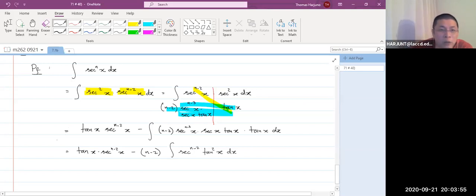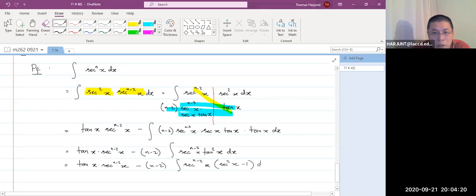But then I will break that later part as this is secant to the n minus 2x, and then secant squared x minus 1 dx.